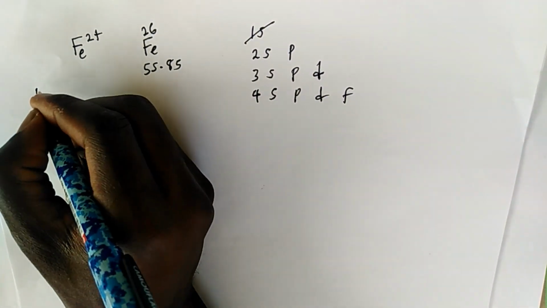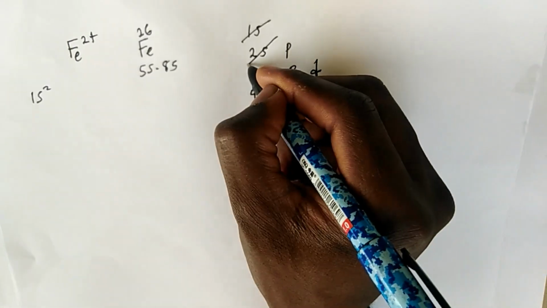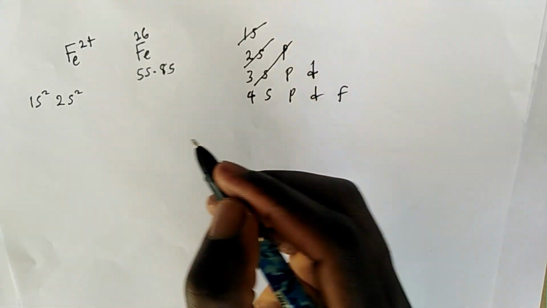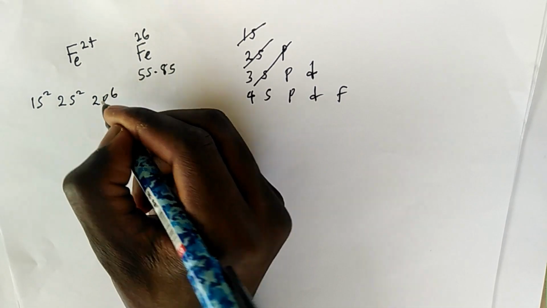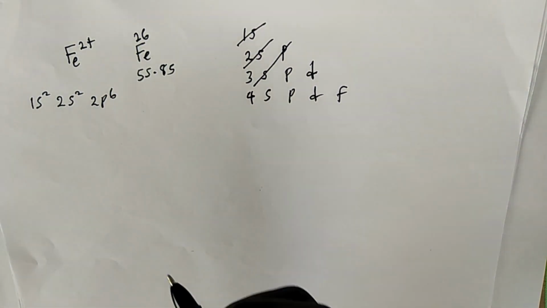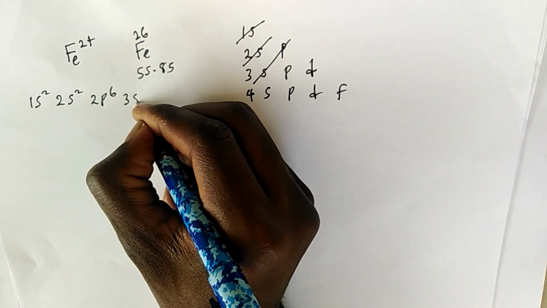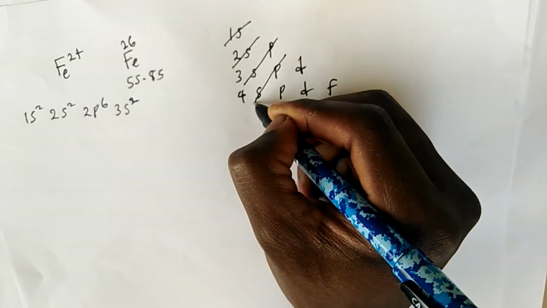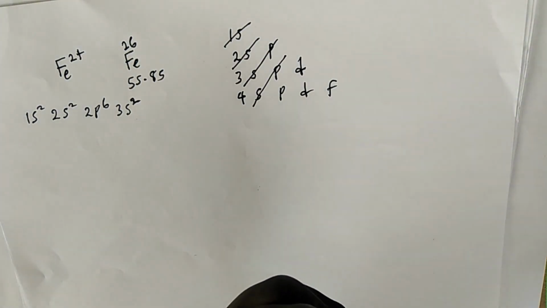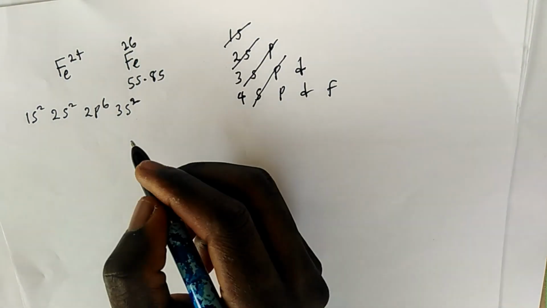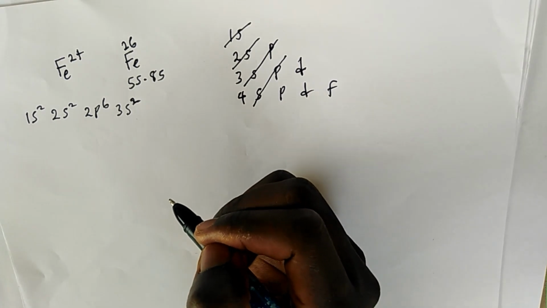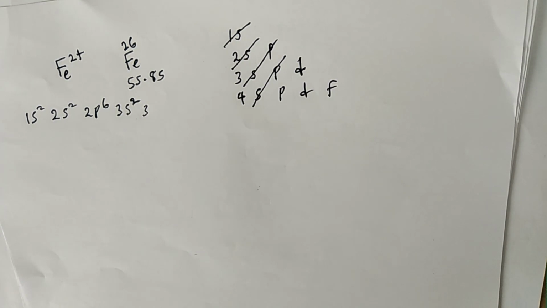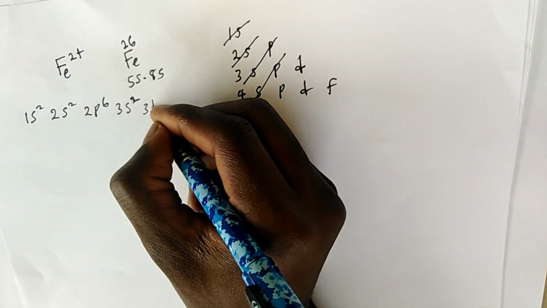Now for iron, we have 1s2, we have 2s2, we have 2p6, that is 10. Then we have 3s2, right? Then we have 3p, let's count it, 3p6 now.